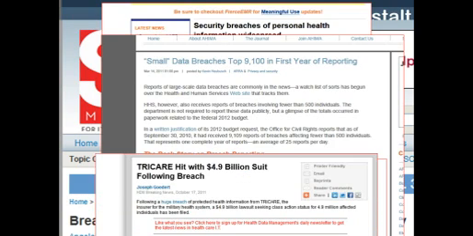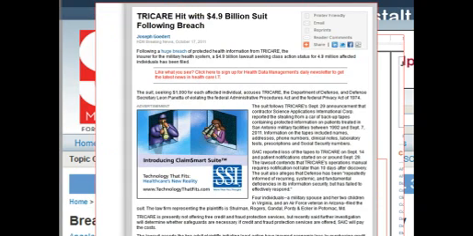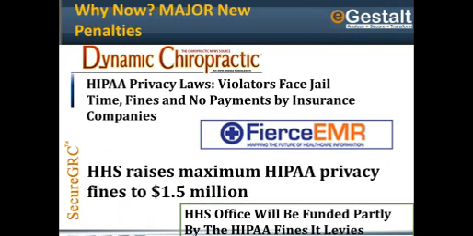They've given out the contract to KPMG, and this is a recent breach that happened with TRICARE, and the Department of Defense is being hit with a $4.9 billion lawsuit following the breach. So HIPAA HITECH, because of the new practices, new regulations, and the new enforcement of the regulations, have really caused a lot of headlines and news, and breaches are really taking place.